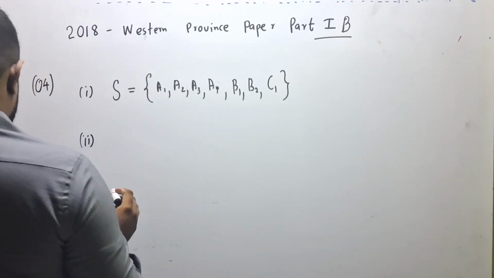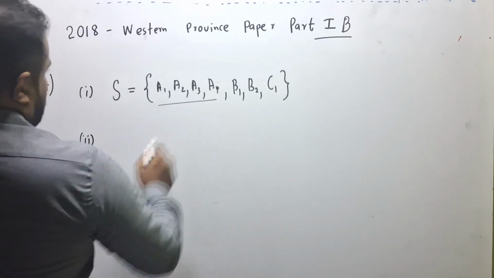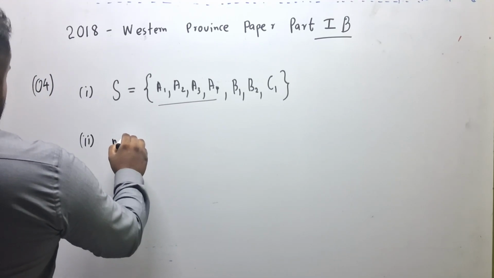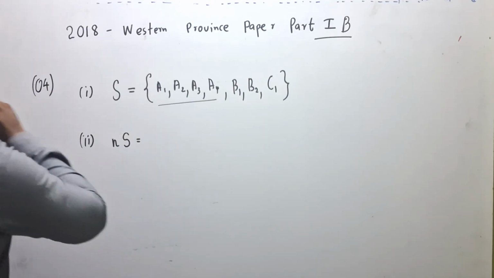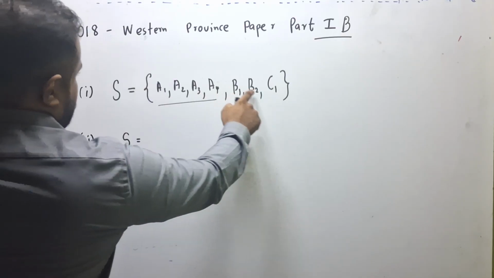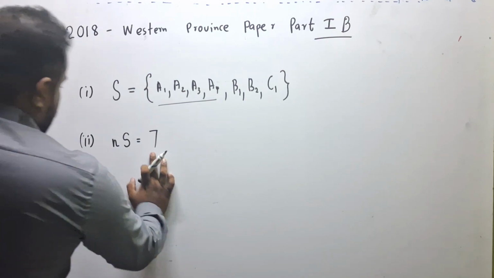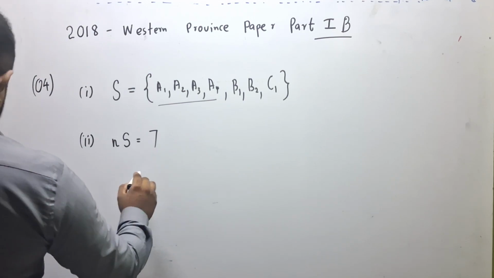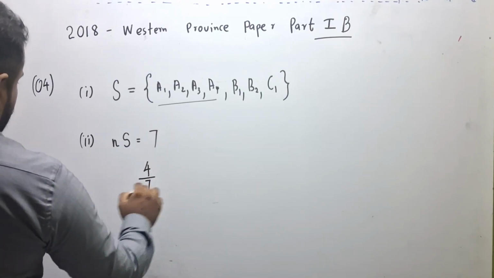Wears a cap was mentioned from A. What is the sample space? The number of elements in the sample space is 1, 2, 3, 4, 5, 6, 7. So we have to take the denominator as 7 every time. Wears a cap, what is the answer? 4 out of 7.